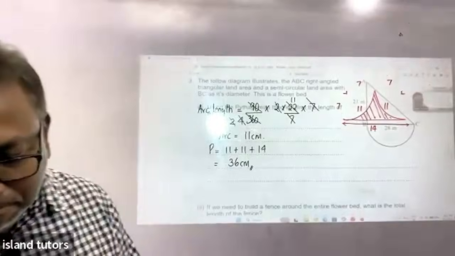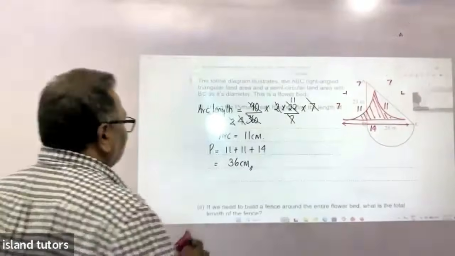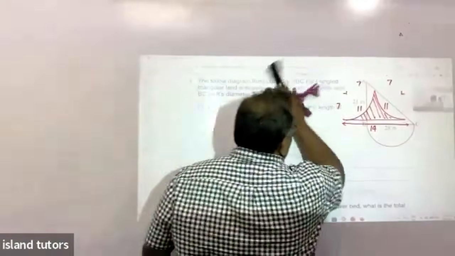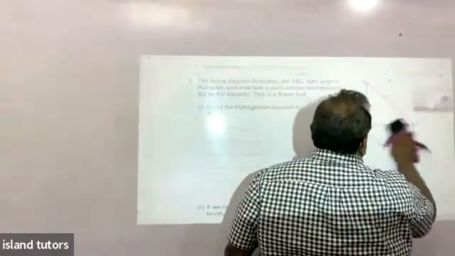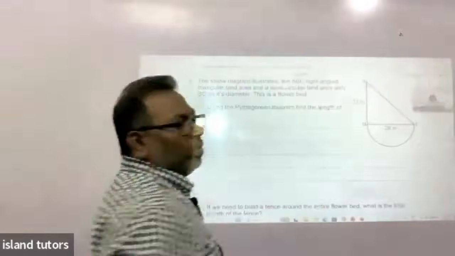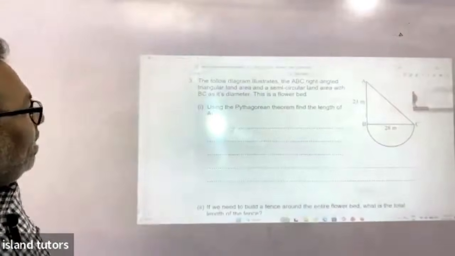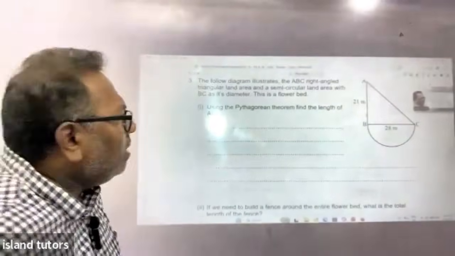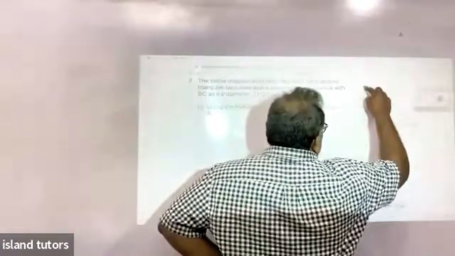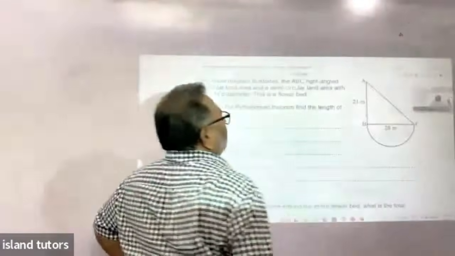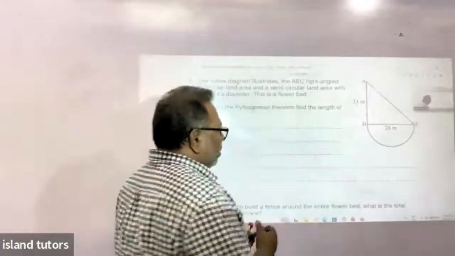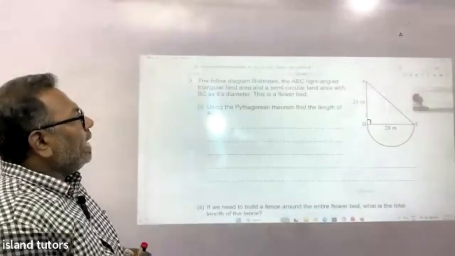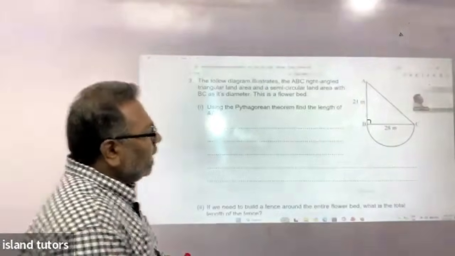Third question. They are saying the following diagram illustrates the ABC right angle triangular land and a semicircular land with BC as its diameter.